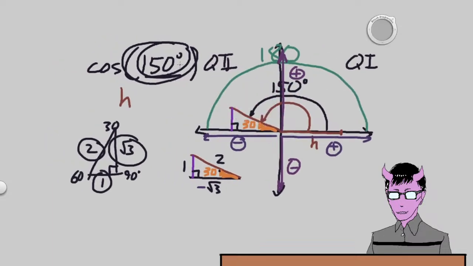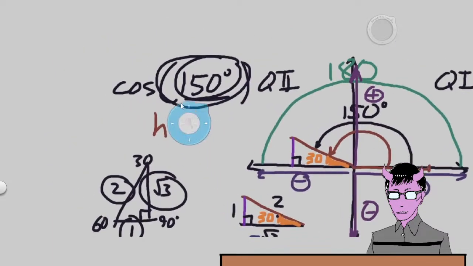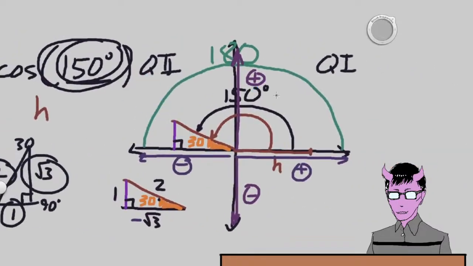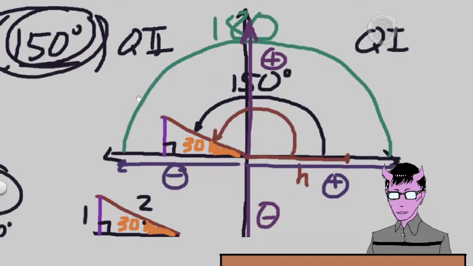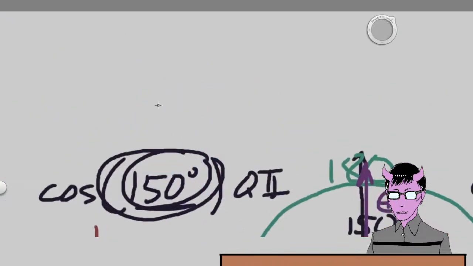All right, so we haven't quite answered this question yet. The question is, what is cosine of 150? But 150 doesn't form a right triangle. So we have to instead form a reference triangle, because 150 is ultimately the angle we're staring at, but 150 cannot be an angle inside a right triangle. So let's take a quick look at that. This is going to be 90 degrees.